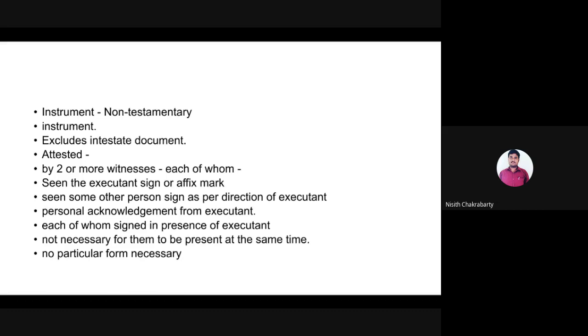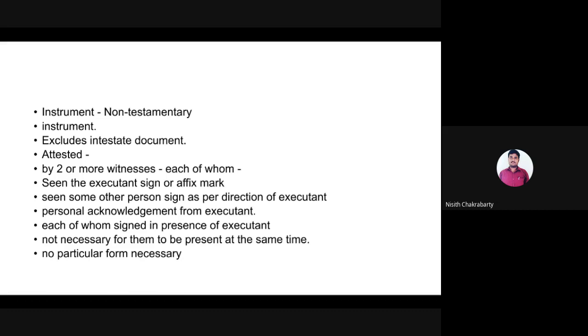In that case, they have to be present and sign before A. But that doesn't mean that they have to be present together. B had some work, he couldn't come today, so C only came and put his signature. The next day B came and put his signature. That will be sufficient, because they were present and they put their signature, but it was not necessary for them to be present at the same time.